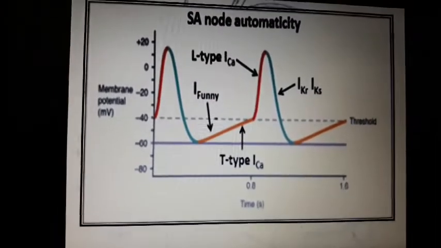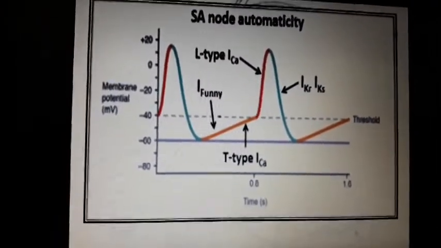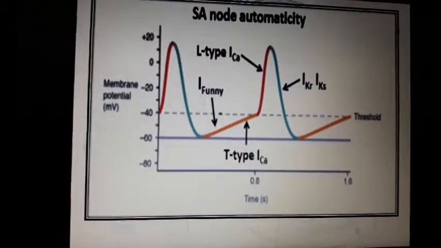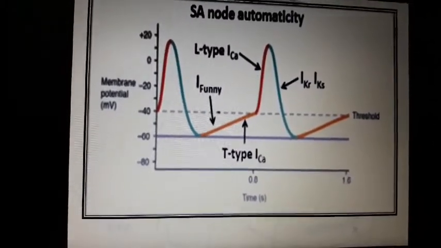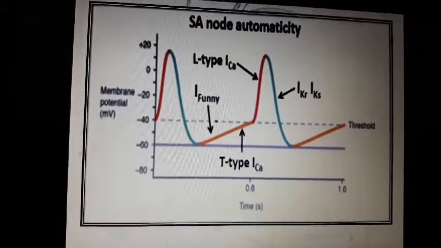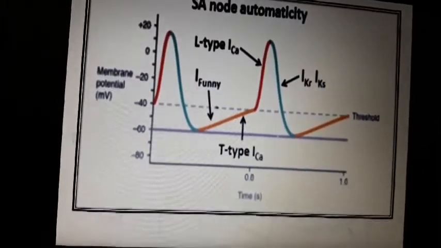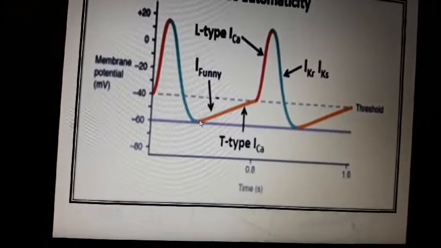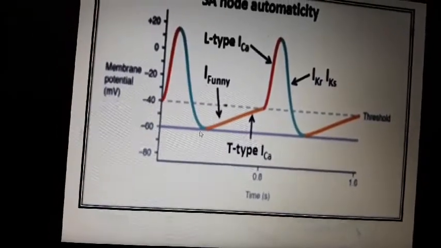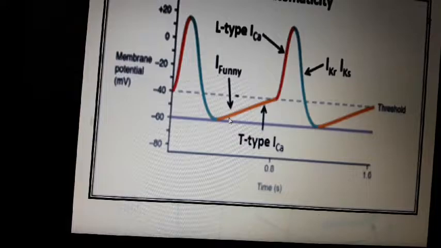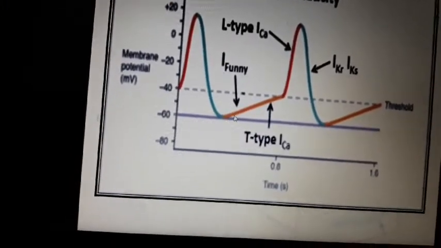Before proceeding, the important point to know is that the resting membrane potential or RMP of a pacemaker is never steady. Generally it is minus 60 millivolt or around, but it is never steady because of the opening of funny type of sodium channels or leaky channels.